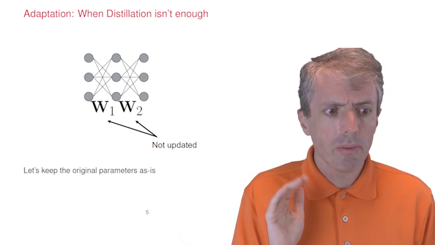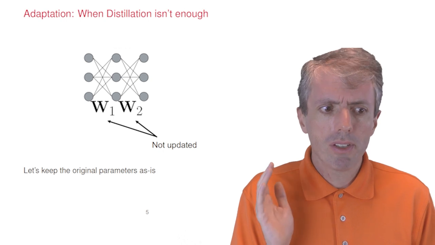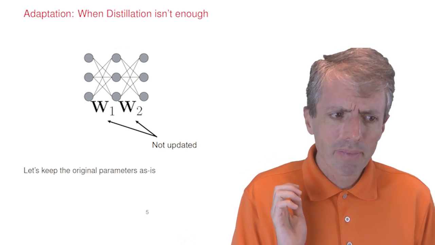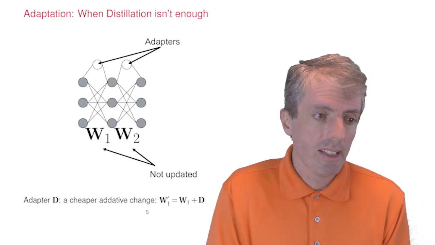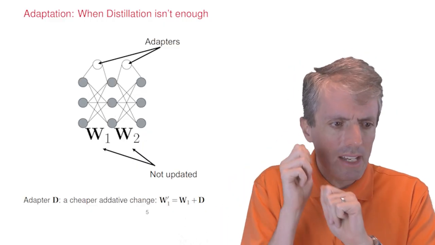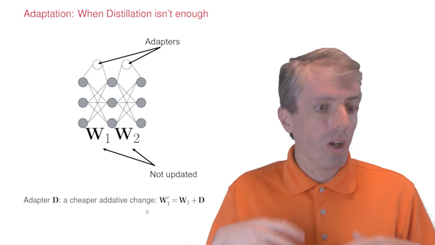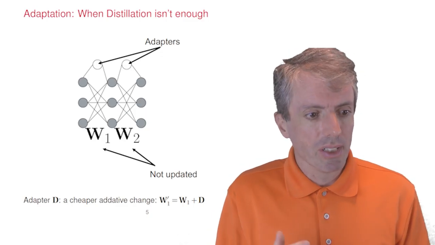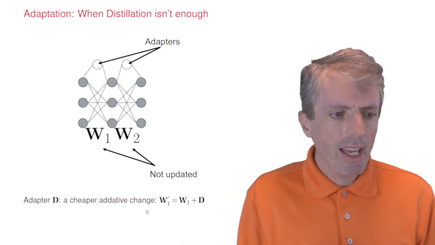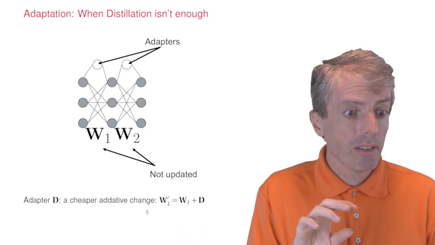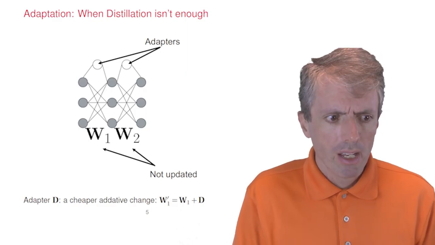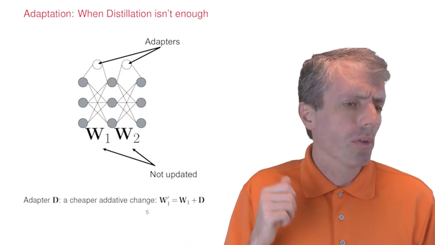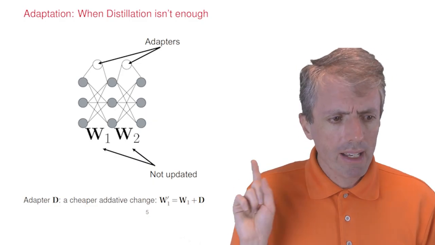But maybe there's a way that you don't have to change all of them? The big idea of doing adaptation is that you add this additional gadget, and we'll call this gadget an adapter. And instead of doing backprop on the weights W1, we're going to create a W1 prime where we keep track of the delta.